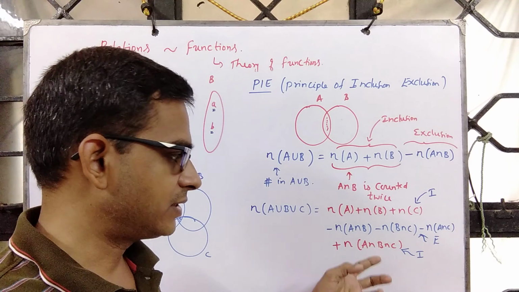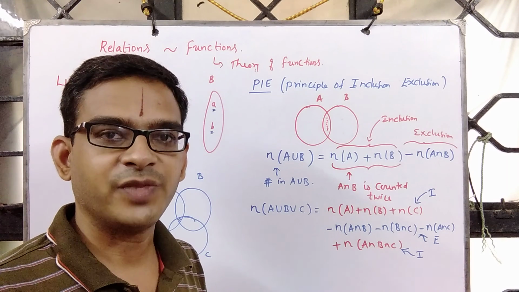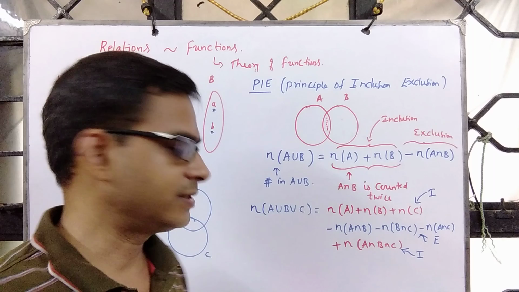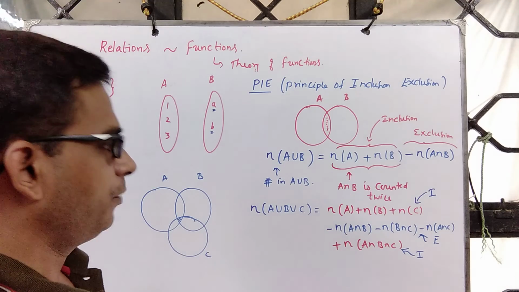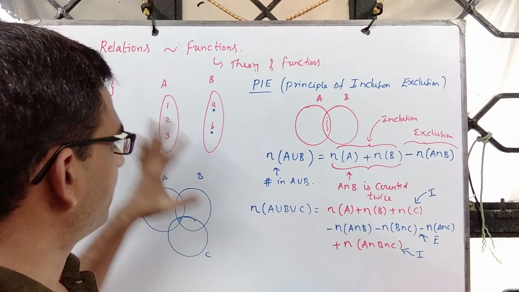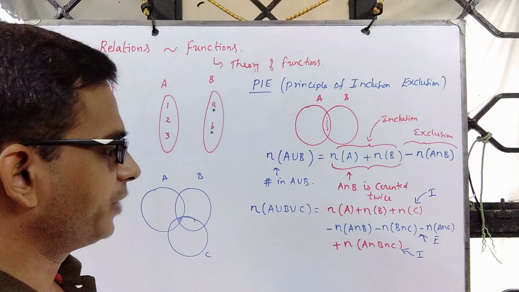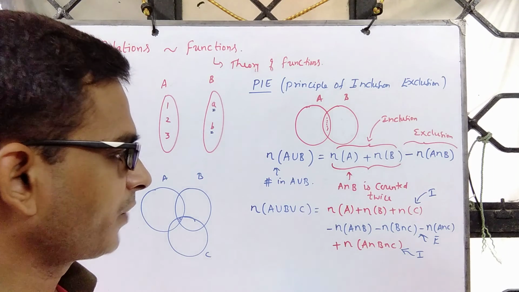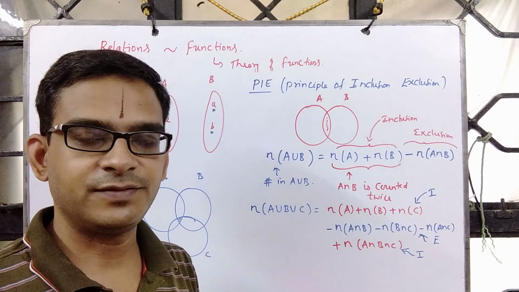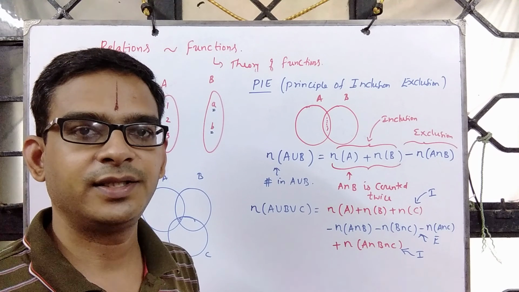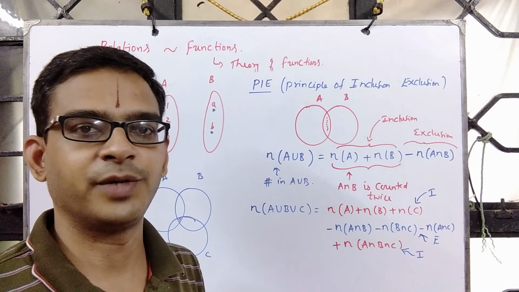Now when we do this, again some double counting can happen, which we need to subtract in the next step, and it goes on. Now we are going to do this as part of counting all functions. Let's look at a couple of examples, observe some patterns, then generalize and come up with the formula.